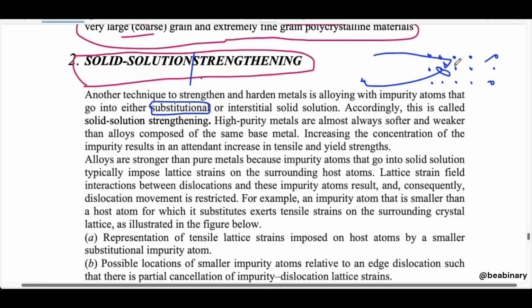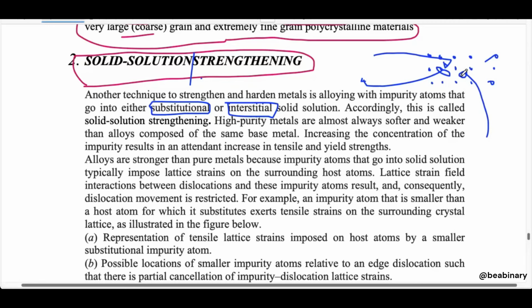You have not disturbed the neutrality; you have kept neutrality the same, but you have just replaced an atom. That is known as substitutional. Interstitial means you have not disturbed the crystalline structure, but you have introduced some foreign atoms inside that crystal like this. If this particular space is present, you have just inserted that atom, and that is known as interstitial.